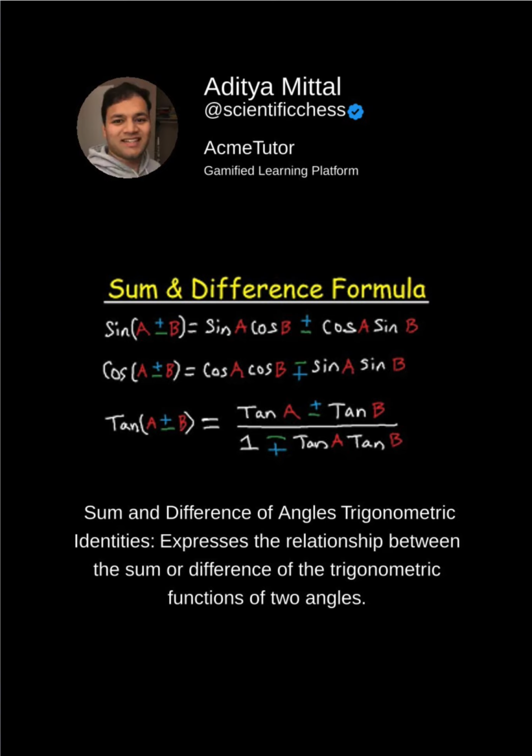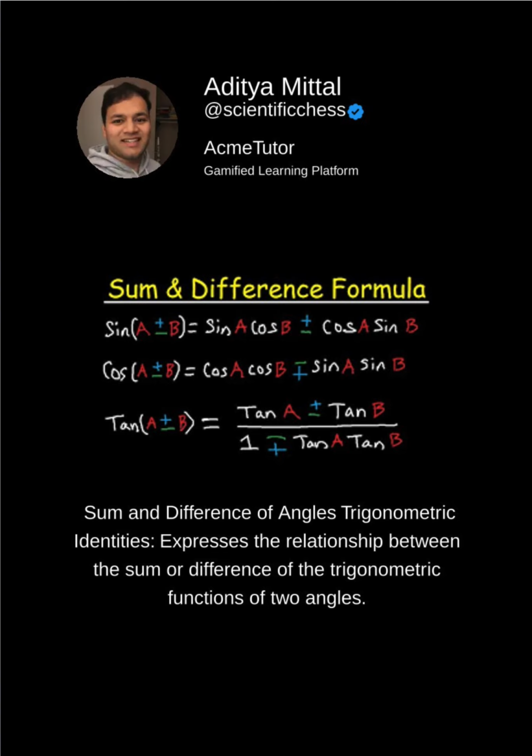And then tangent is a little bit different. Now you can also figure tangent out using the first two, sine and cosine, and canceling terms. But it's also useful to just know it. Again, the sign stays the same in the numerator, but in the denominator it flips.